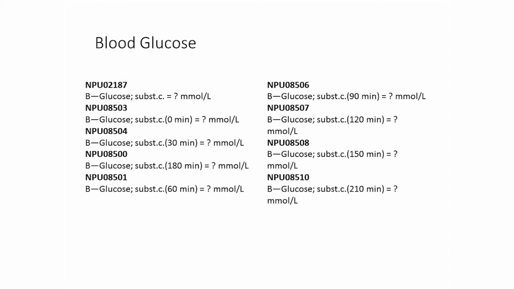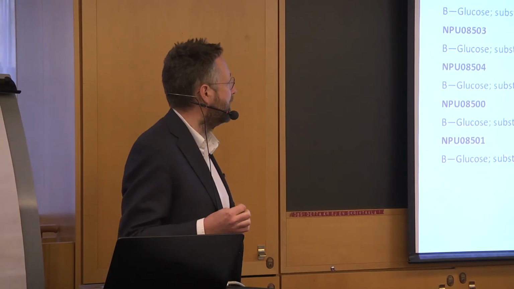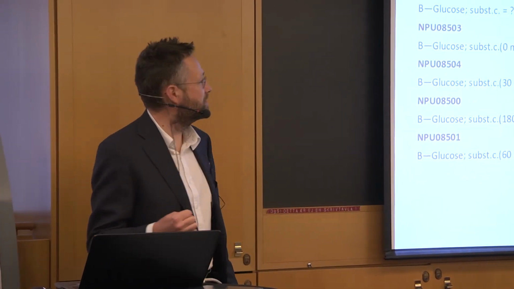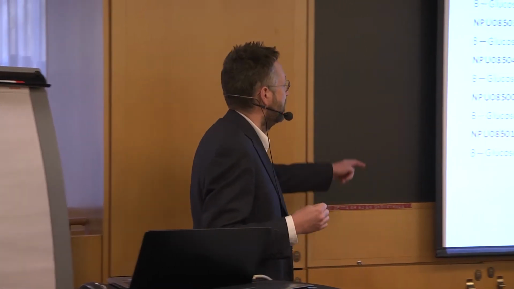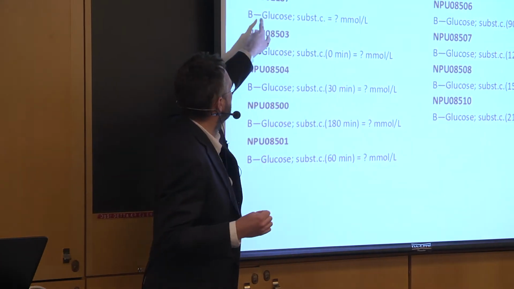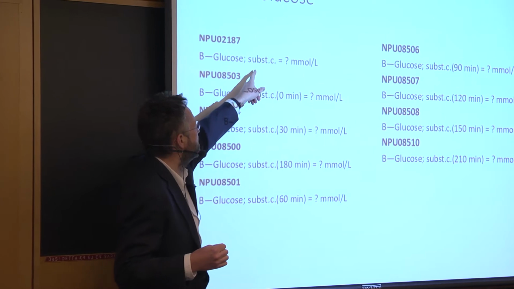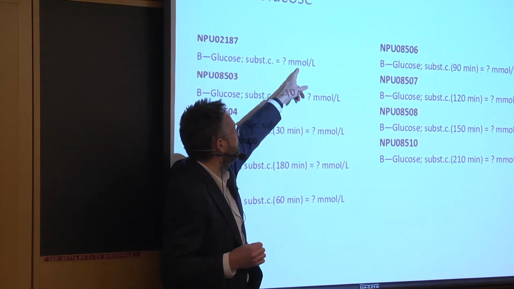So this is the terminology used for reporting lab tests in Sweden, Norway, and Denmark. It's the MPU terminology, and this has a number of blood glucose tests. For example, this one tells that it's blood, glucose, substance concentration, and the unit of millimole per liter.